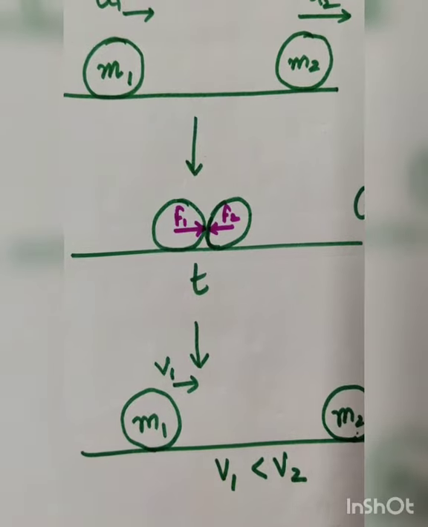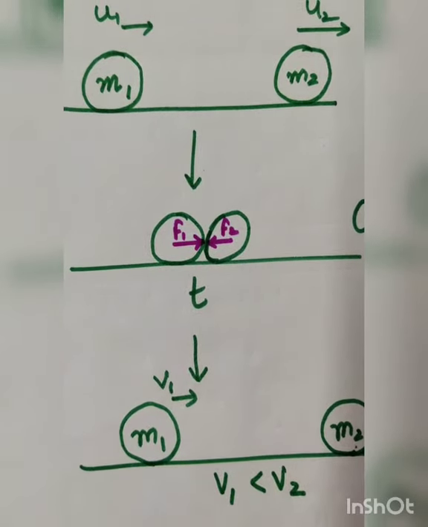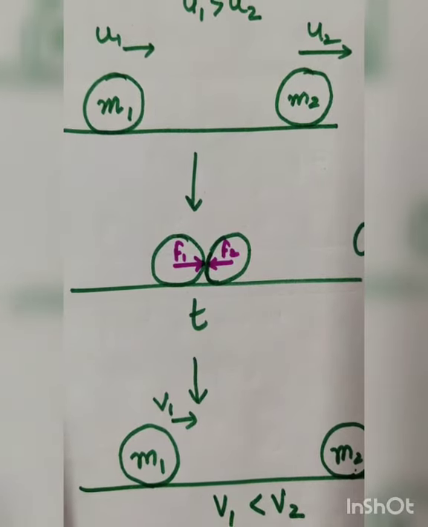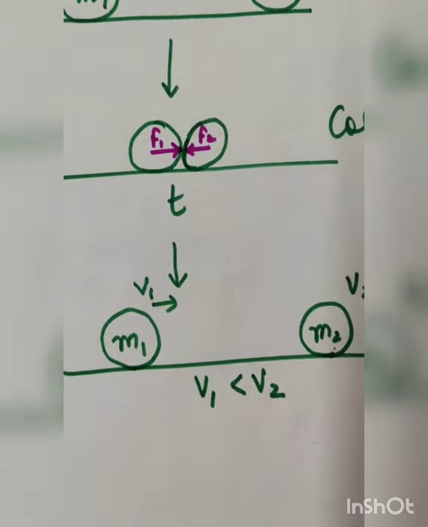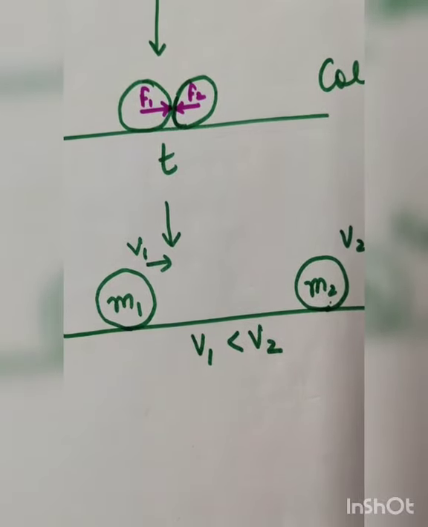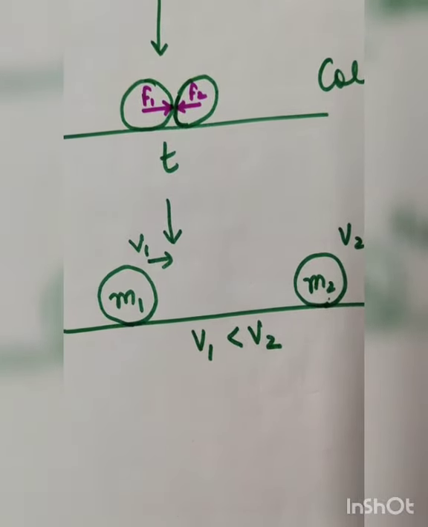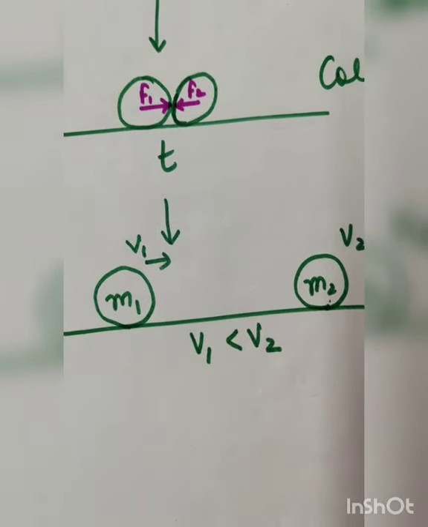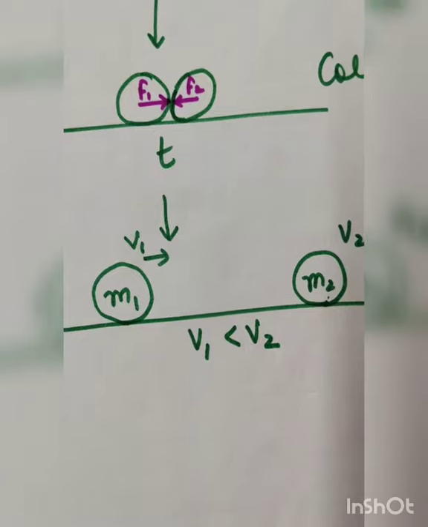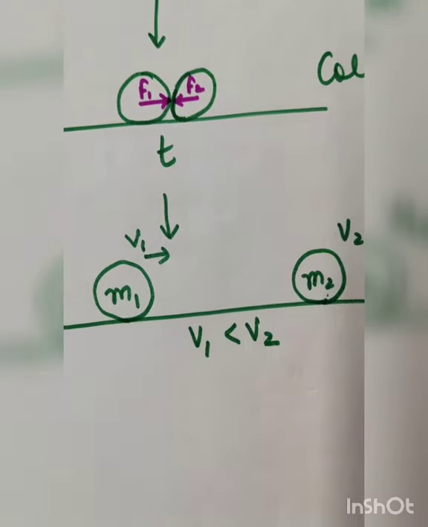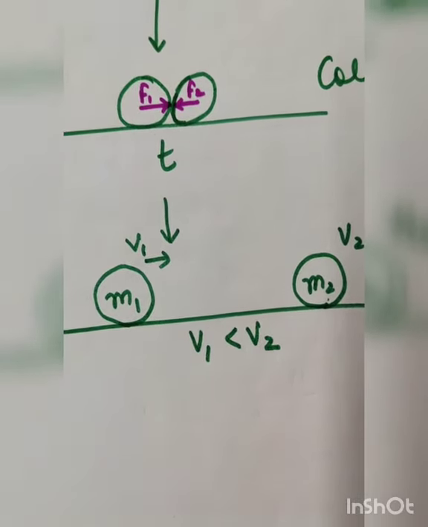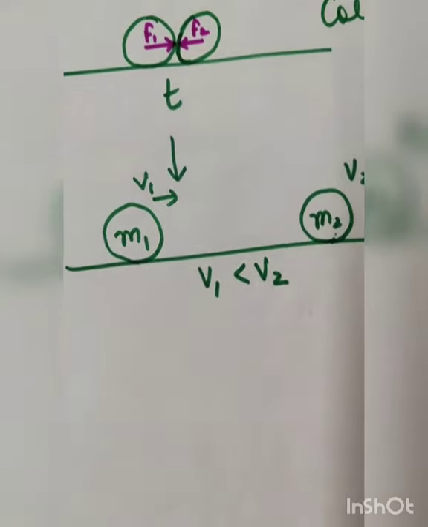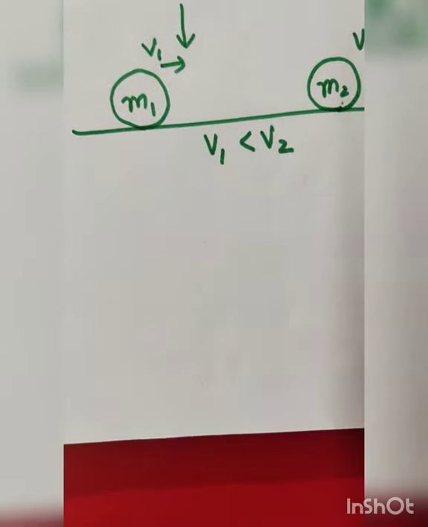We have two objects moving with velocity u1, u2, where u1 is greater than u2. They undergo collision. After collision, for time t seconds, they change their velocity to v1 and v2. In this process, the first object lost some velocity and its velocity got reduced, whereas the second object gained some velocity and its velocity got increased. So we are going to see how it will look like in a mathematical form.